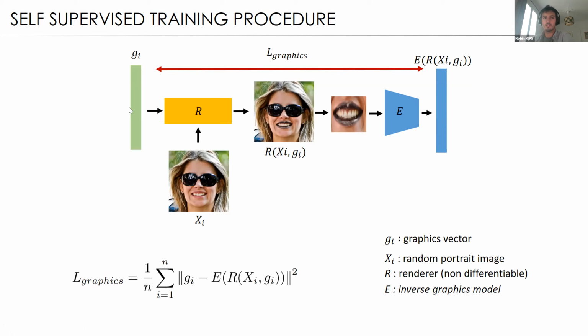Also, we fully control the distribution of G. So you can sample your graphics vector to make sure that your encoder sees a lot of different colors, and it can even be more complex than reality. You will see that in terms of robustness to extreme examples, it's really interesting.